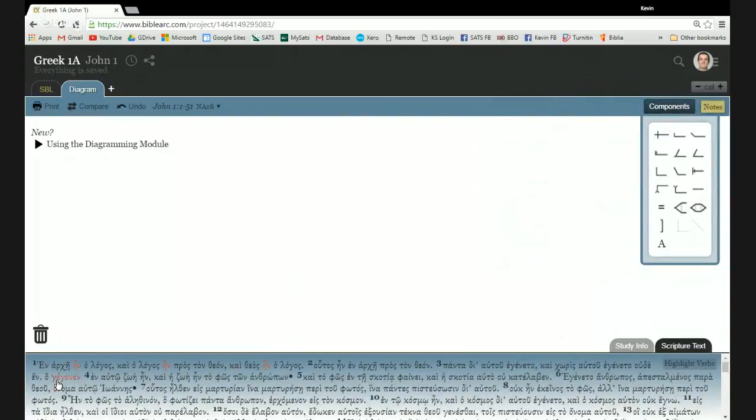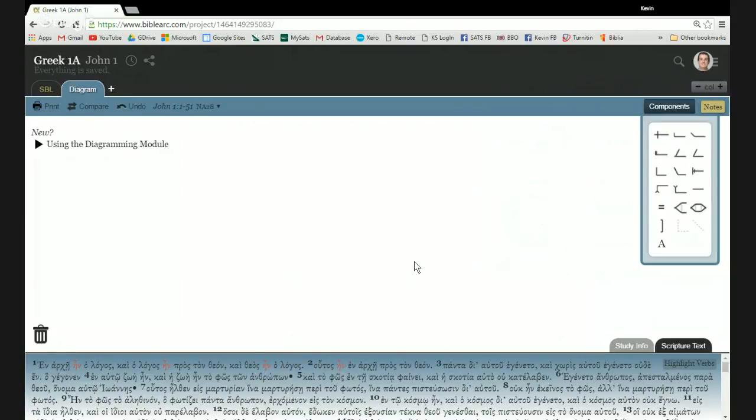So here we've got en arche, in the beginning. Ein, was, ho logos, the word. Kai ho logos ein pros ton theon, the word was with God, literally the God, but that's not very good English. Kai theos ein ho logos, and God was the word.